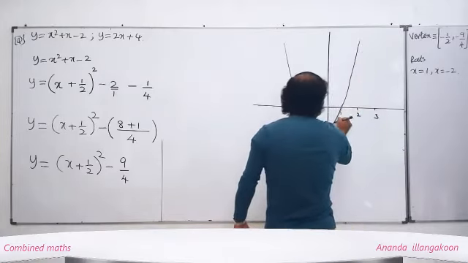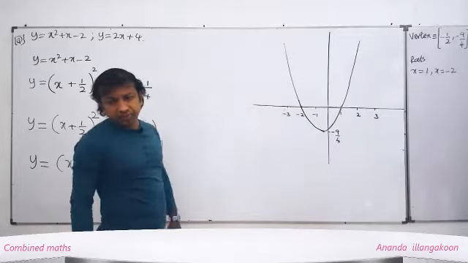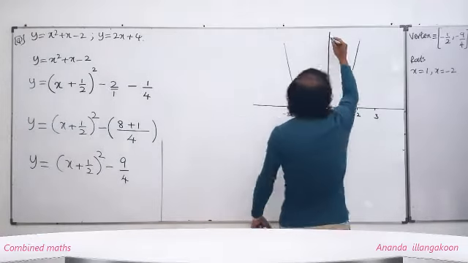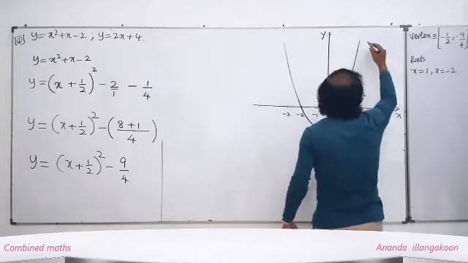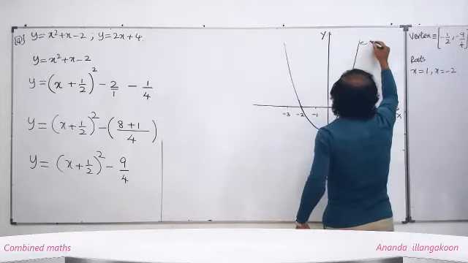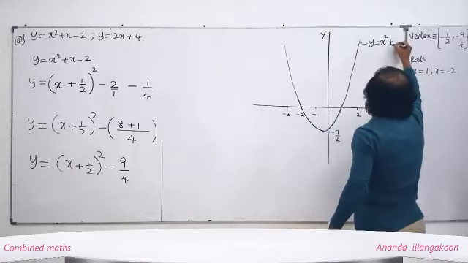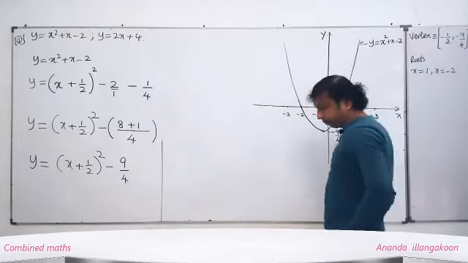Roughly, this is enough, people, right? This is the y-axis. This is the x-axis. This is that equation, y equals x squared plus x minus 2.